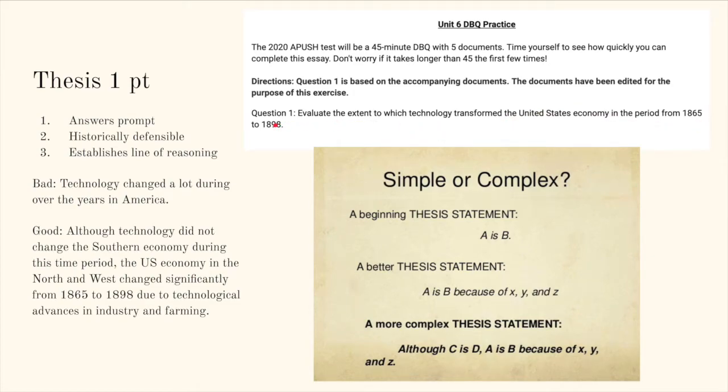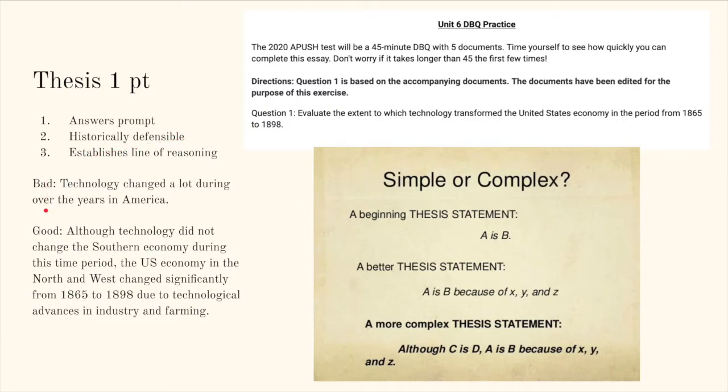Most of the prompts are going to be like that, where they're targeting a specific unit, so that's kind of helpful to note. In this question, they're talking about how much the U.S. economy is changing due to technology. So this is continuity and change is what they're asking. What's staying the same and what is changing between these two dates?